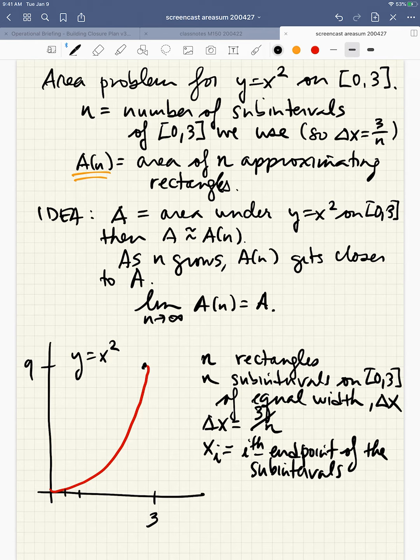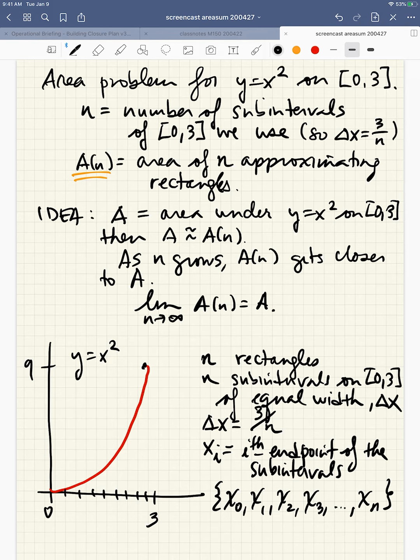We'll be chopping up the interval from 0 to 3, and we'll get a bunch of these endpoints of the subintervals. The subinterval endpoints are going to start at x0, then we'll have x1, x2, x3, all the way up to xn.